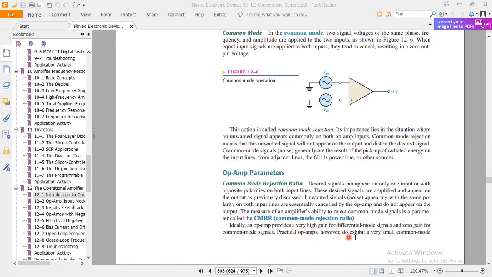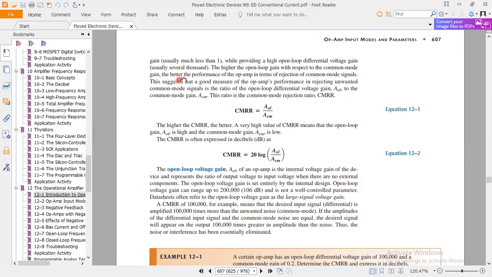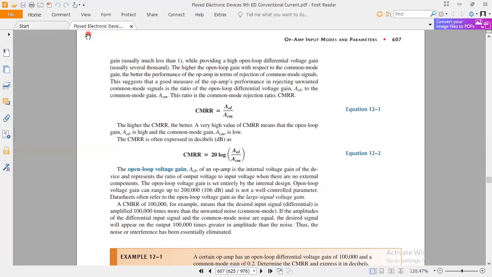Practical op-amps, however, do exhibit a very small common mode gain, usually much less than 1, while providing a high open loop differential voltage gain, usually several thousand times.